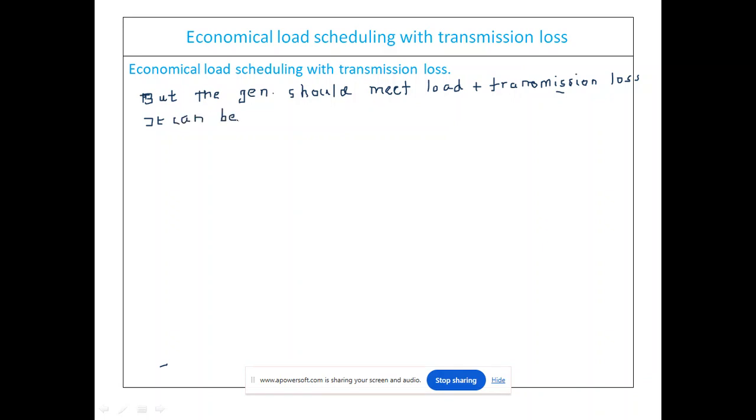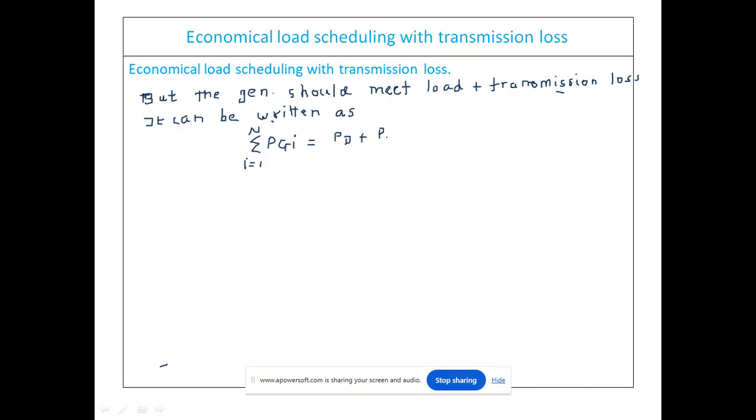It can be written analytically as the total generation, in summation, PGi, that is PG1 plus PG2 up to PGN, from i equal to 1 to n, should be equal to PD plus PL.